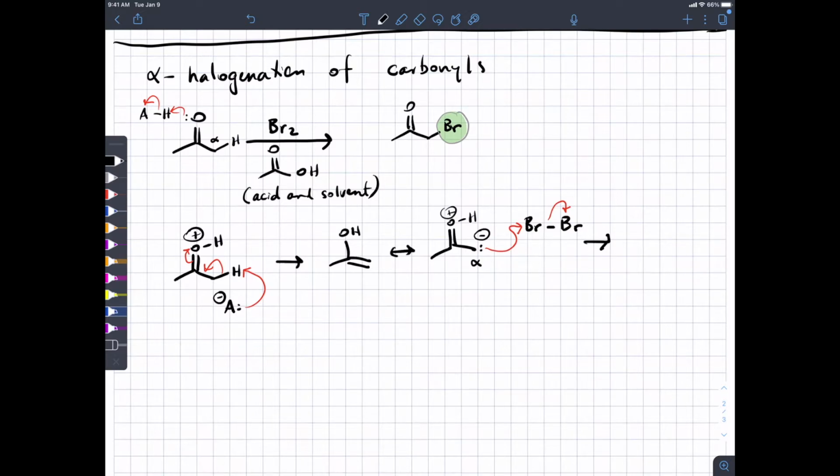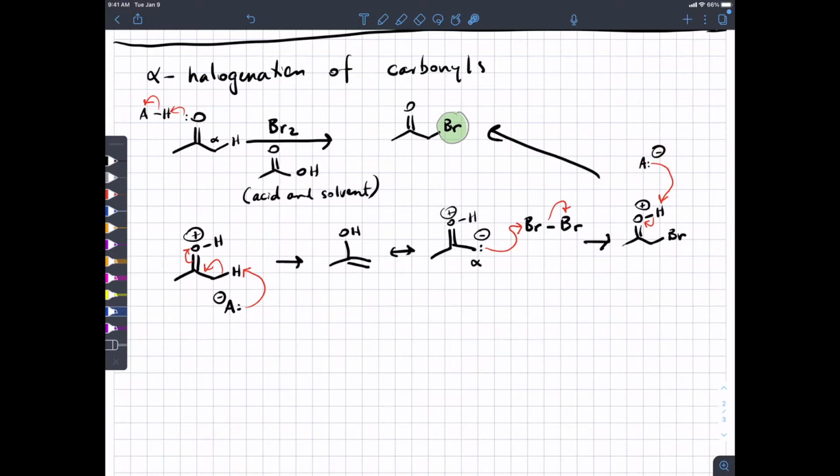That step generates a new carbon-bromine bond, which is so much more stable than a bromine-bromine bond that this step is not reversible, and then we'll regenerate our acid using the conjugate base, perhaps, to give us the carbonyl compound. I believe your text shows Br minus doing this.